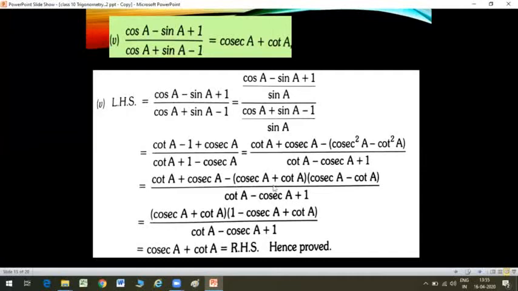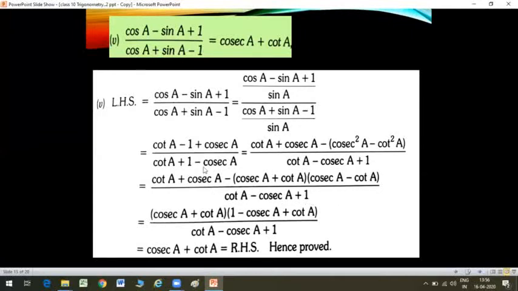Then cot A plus cosecant A, first two terms as it is we are writing in the numerator, and then minus A square minus B square, cosecant square A minus cot square A, by applying the identity A square minus B square is equal to A minus B, A plus B. So this is now cosecant A plus cot A into cosecant A minus cot A. And in the denominator it is cot A minus cosecant A plus 1.